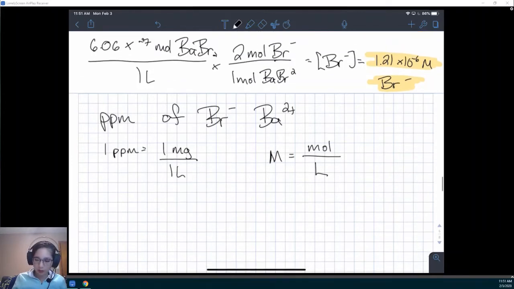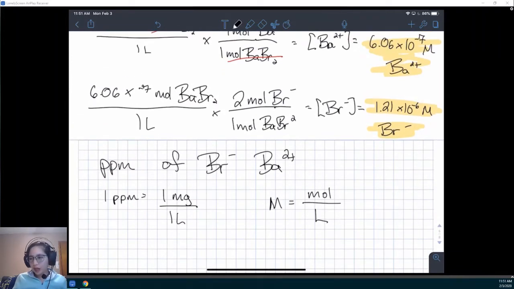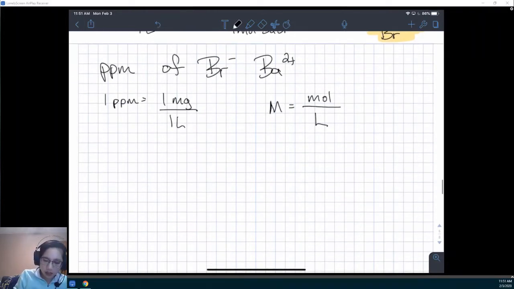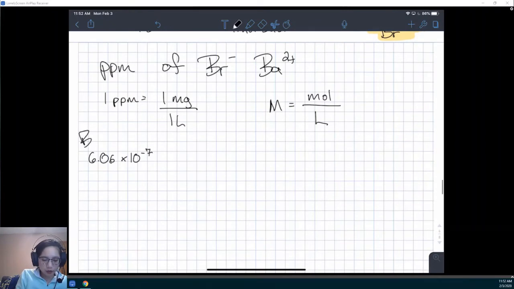So let's start with barium. Use the concentration of barium that we got in the previous question. So let's start with 6.06 times 10 to the negative 7. That's in molarity, the concentration of barium 2 plus.